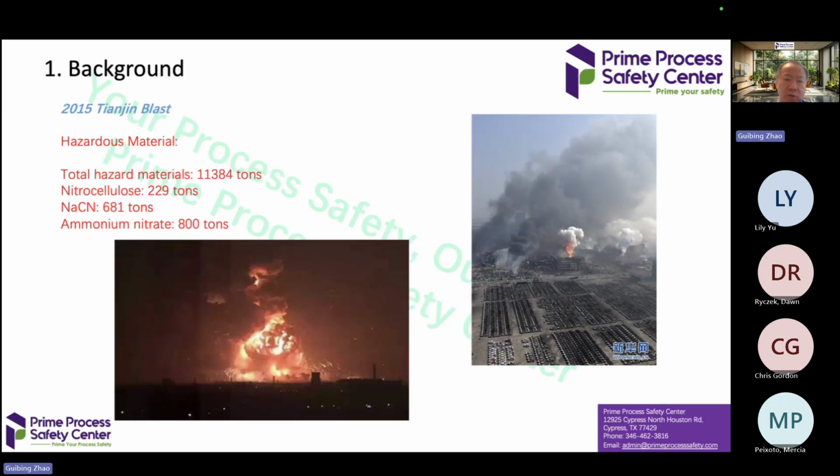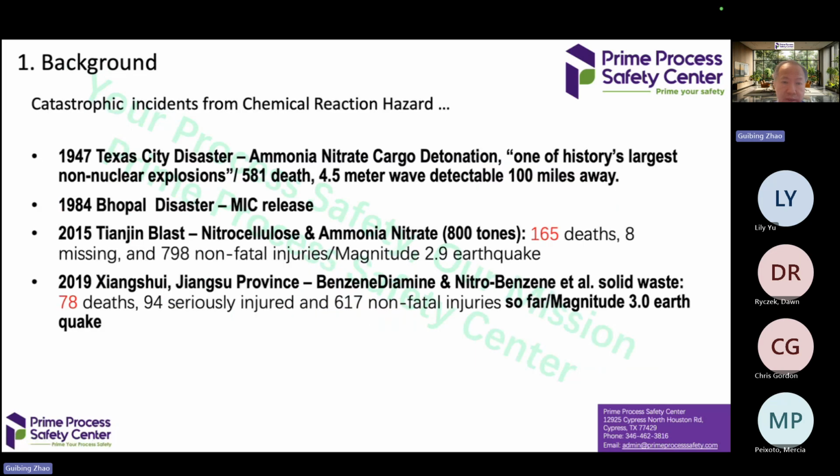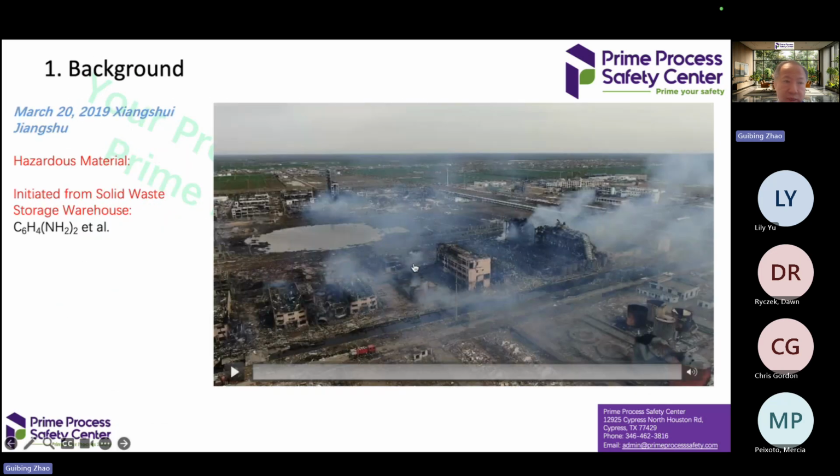In this figure, you can see the 2015 Tianjin blast, how bad it could be. You can see these two pictures are really bad, and I have some video. This one is 2019 in Jiangsu province. There's a little bit of video I want to share with everybody. You can see how bad it could be from an uncontrolled runaway chemical reaction.